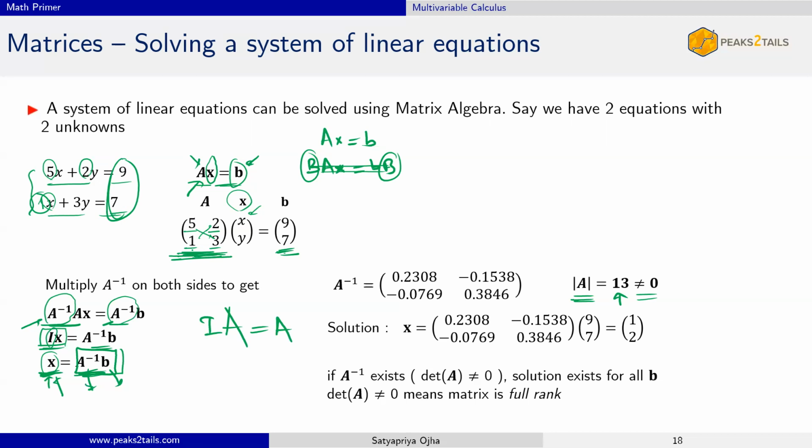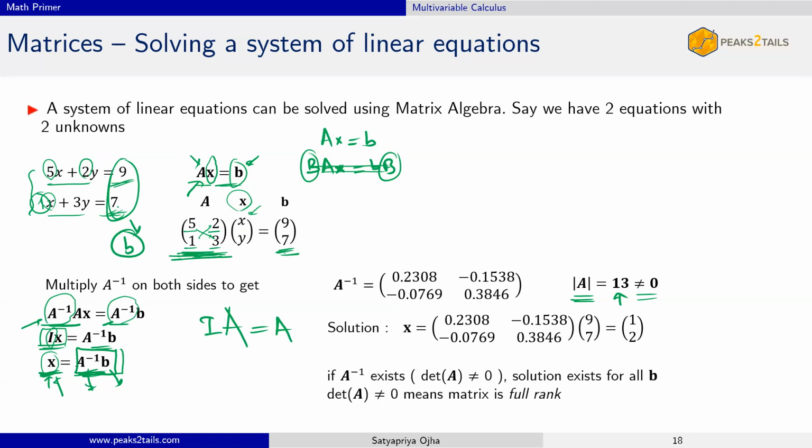A is full rank? There are two linearly independent vectors. If A is full rank, the space that it can cover is the entire 2D space, right? That means B can be anywhere in the 2D space, which means instead of 9 and 7, I can take anything and I can solve.